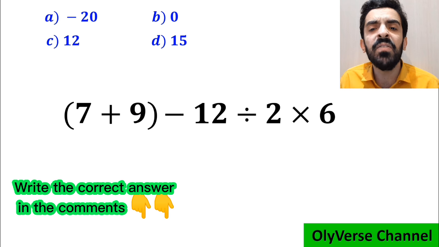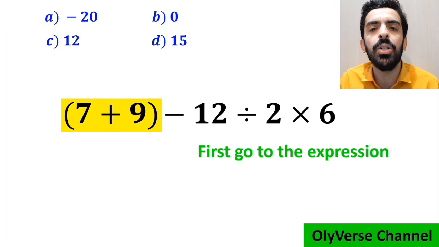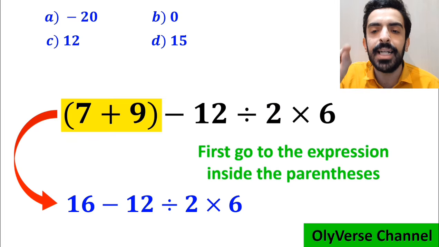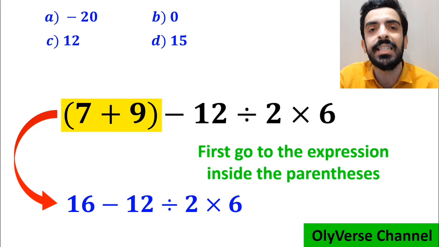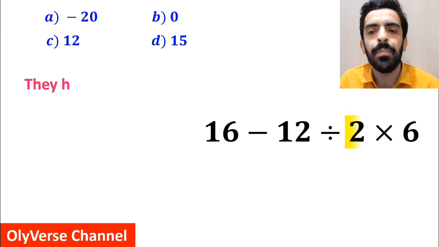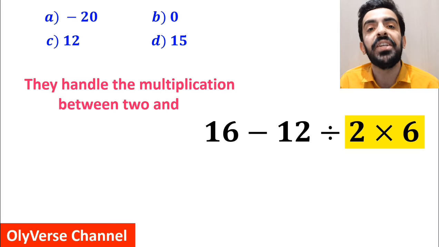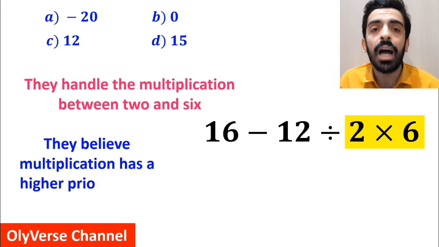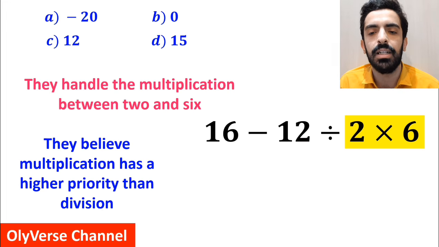Also, some other people, when solving this question, first go to the expression inside the parentheses and write this expression as 16 - 12 ÷ 2 × 6. In the next step, they first handle the multiplication between 2 and 6 because they believe multiplication has a higher priority than division.